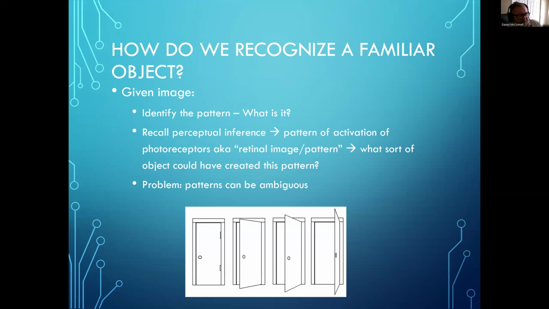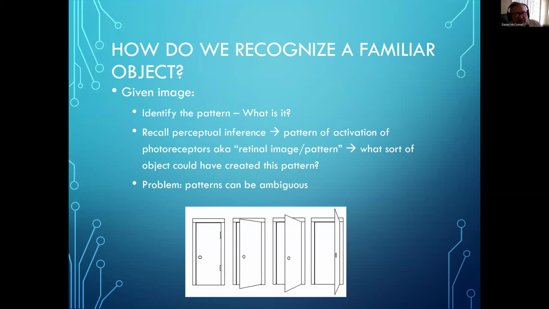But when we look at an object that we've never seen before, obviously we are not recognizing any pattern of activity in the brain, though it's worth pointing out that we can still see it just fine. And we can see its size and its shape and any other visible patterns like color and texture and so forth that it possesses.